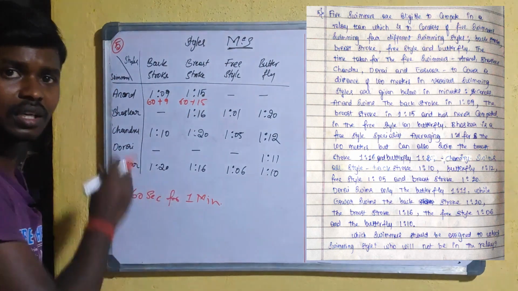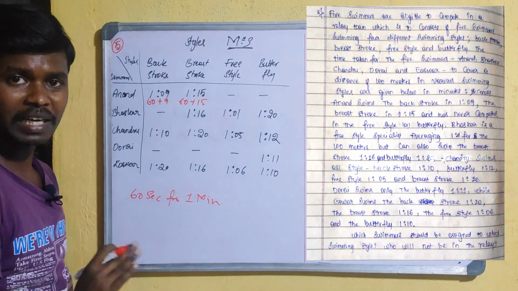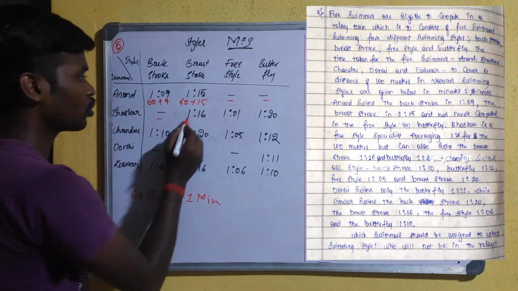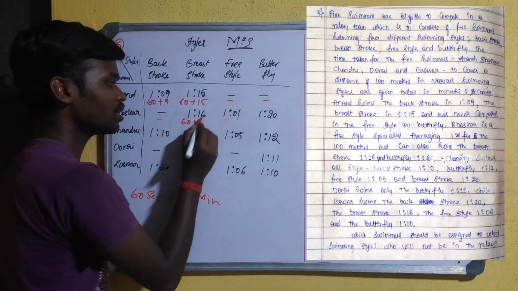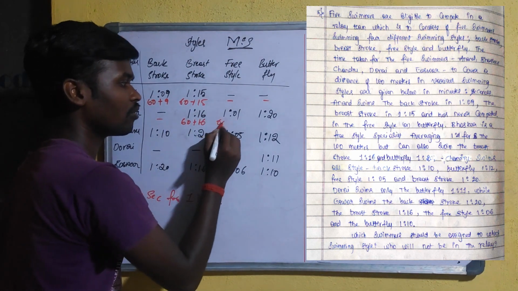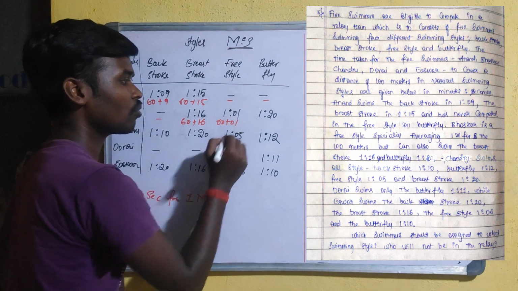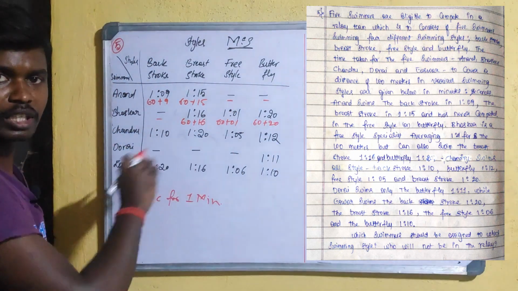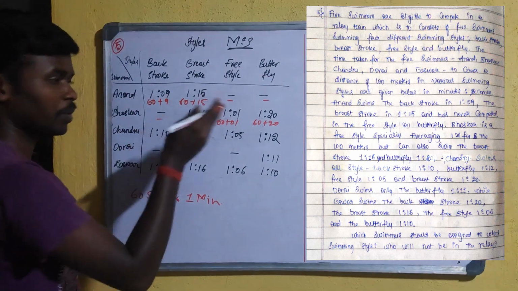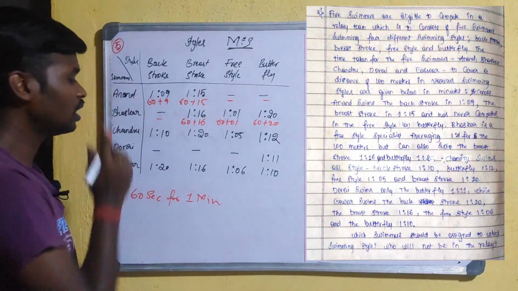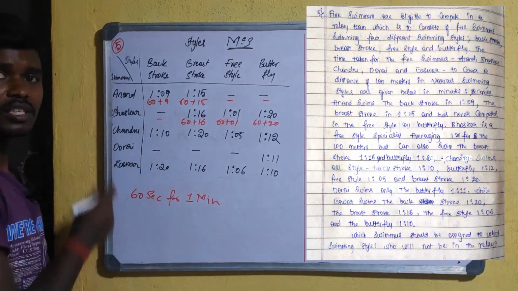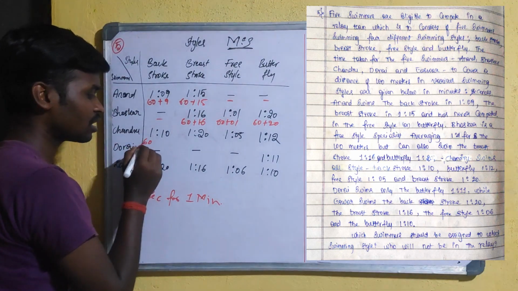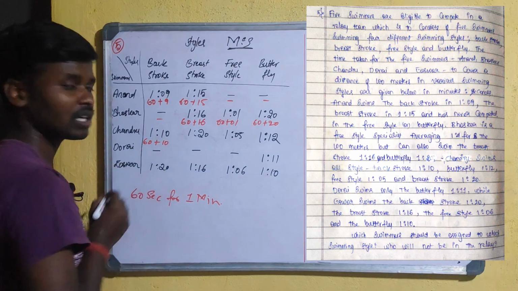So we are converting the minutes completely into seconds. Okay, so we have to ignore this, prohibited. So 1 minute means 60 plus 16. Again 1 minute means 60 plus 1. Next 60 plus 20. That is, we are converting minutes into seconds for the purpose of calculating optimal time to allocate the various swimmers to the different swimming styles. So 1 minute means 60 seconds plus additional 10 seconds.